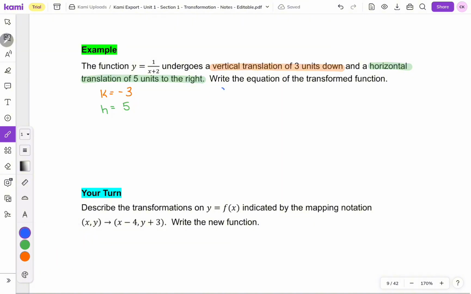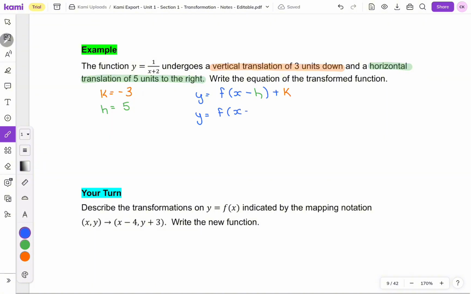So if we put this into our transformation, y equals f of x minus h plus k. So that's our transformation function. Let's sub in the values we know.